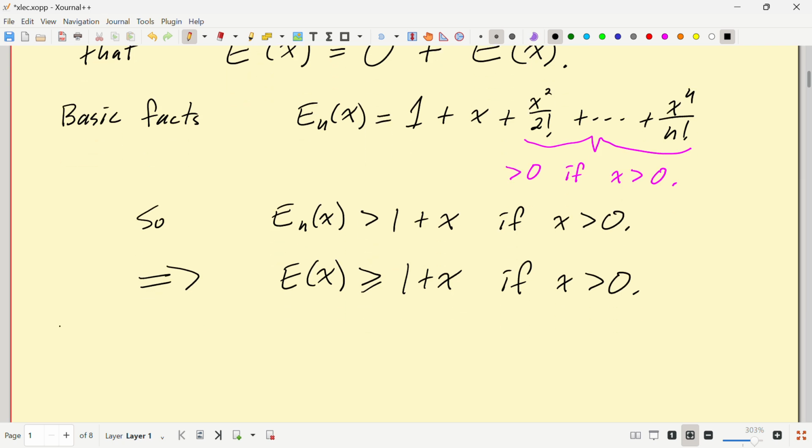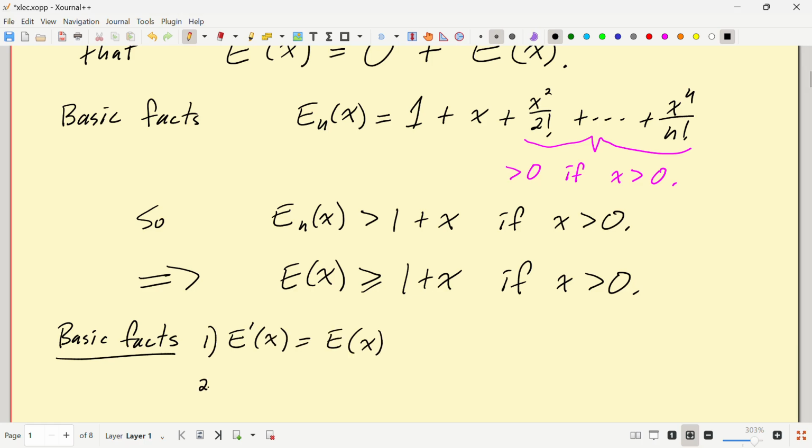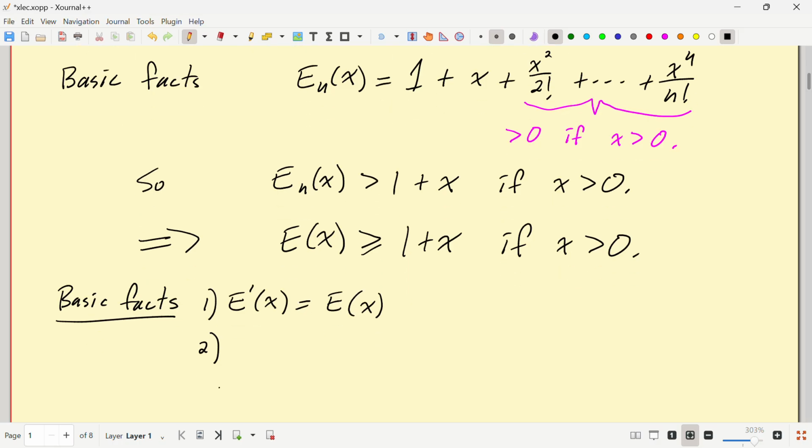So basic fact number 1, let's see, basic facts so far. 1, E prime of x is itself. Two, E of 0 is equal to 1, excuse me.